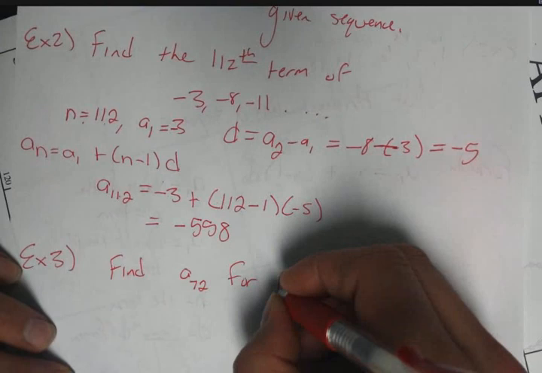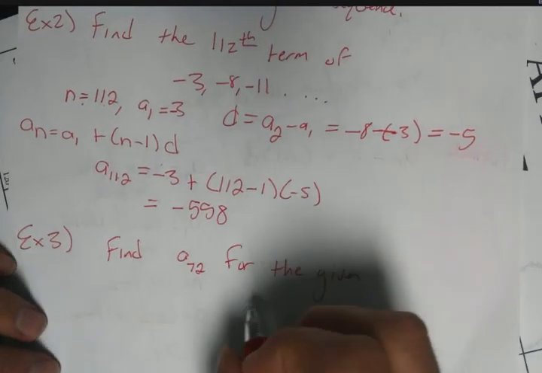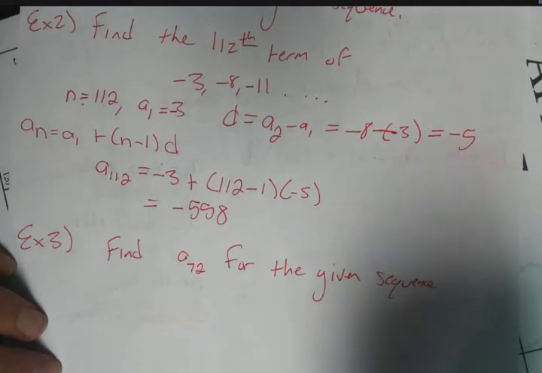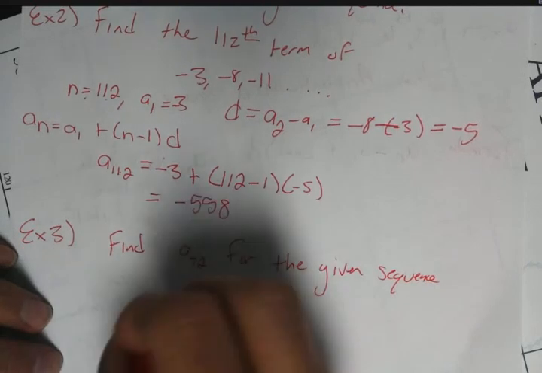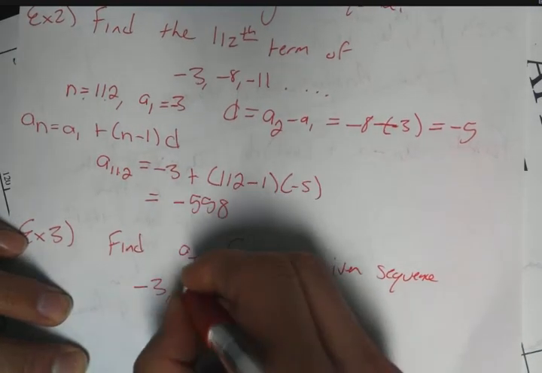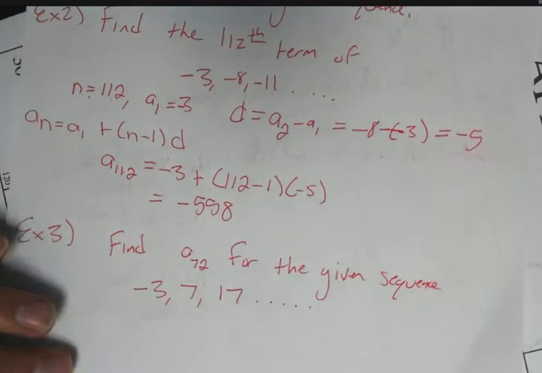So here's your question, and I'll give you 3 minutes to work on this, and then I will walk around, check as I go, and then we'll talk about it once we are finished, okay? And there's your sequence, so go ahead and get started on that.